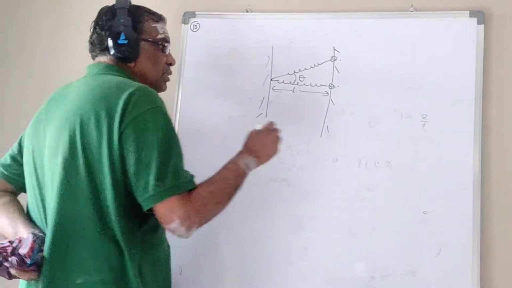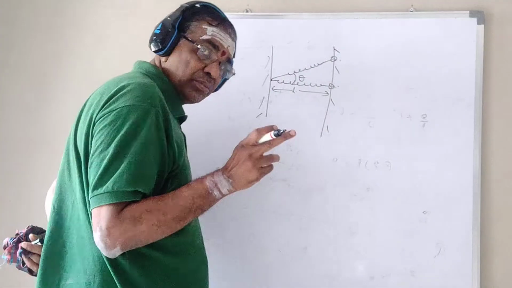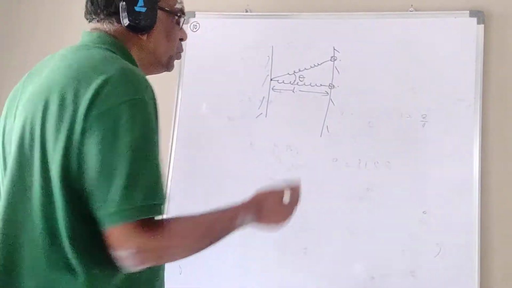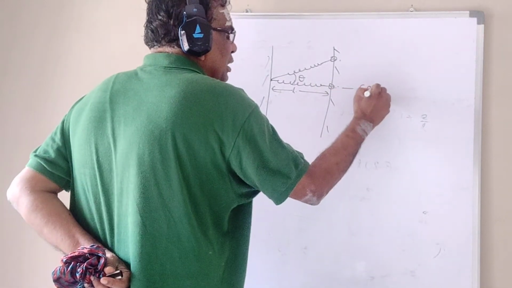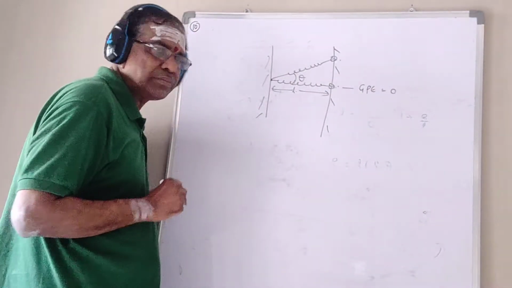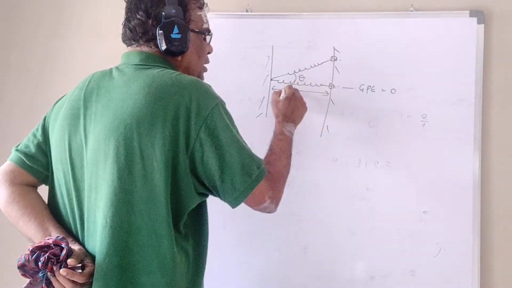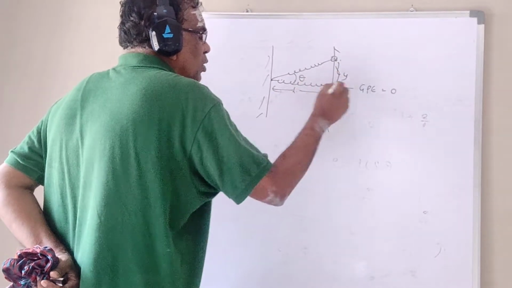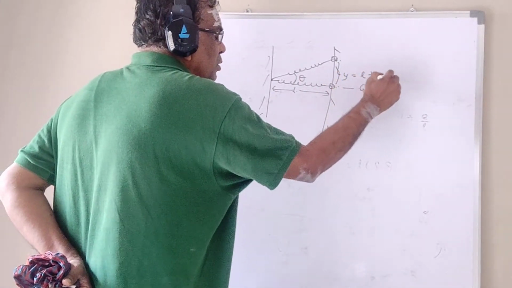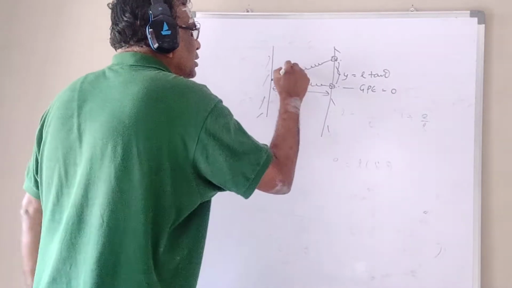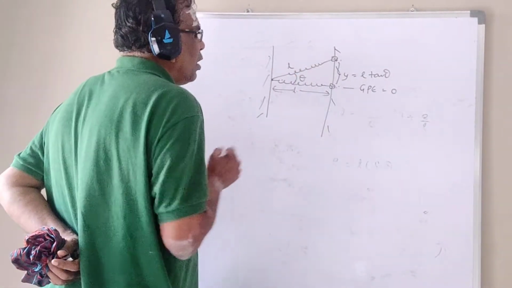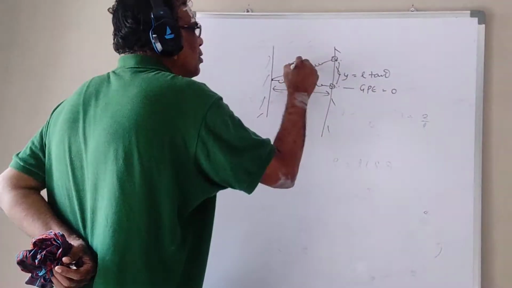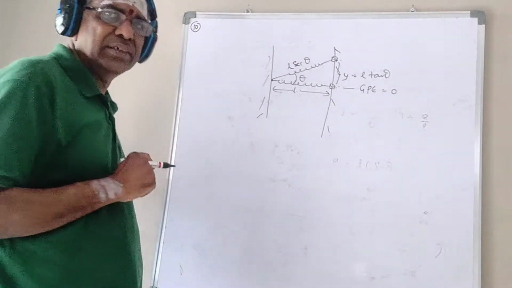If they ask, you have to see what all the things involved are. One, you can see the work done or the potential energy, whichever way you want. Suppose the GP is 0 here. Then what is the GP? This is L, tan theta is equal to Y by L, or Y is equal to L tan theta. And cos theta is L by this, so this is equal to L secant theta.